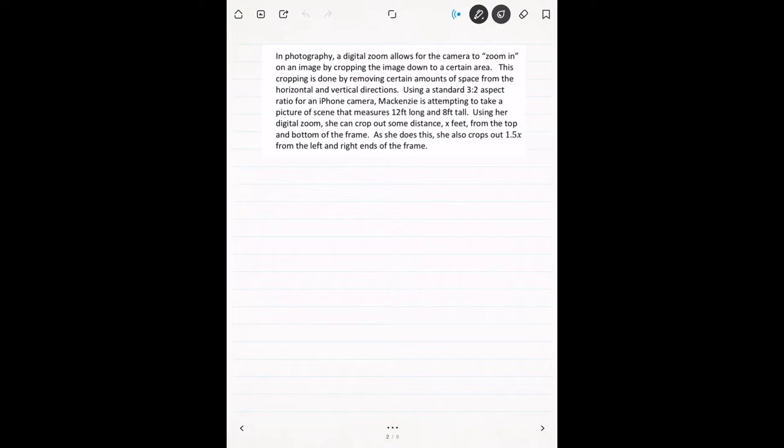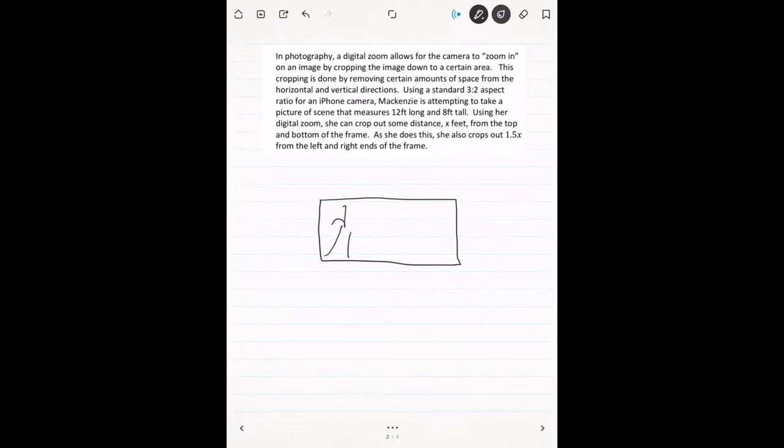A digital zoom is what happens on your phone when you take a picture. So if you have a smartphone and you are going to take a photograph using the photo app, your phone will capture whatever image is on the screen, and let's say you're taking a picture of some scene.